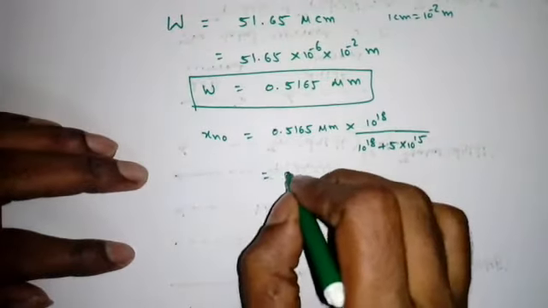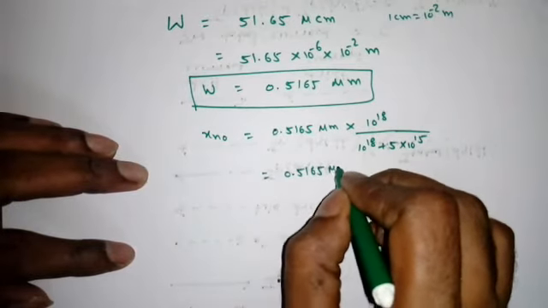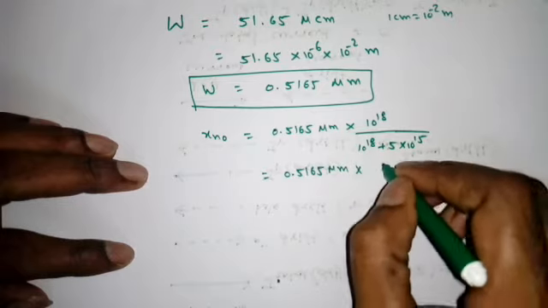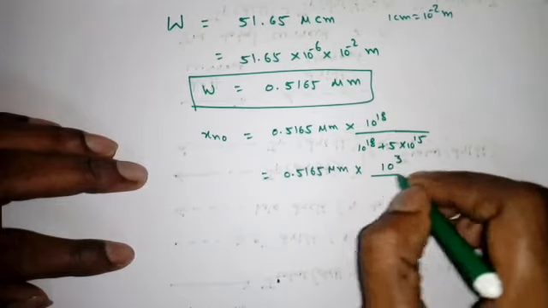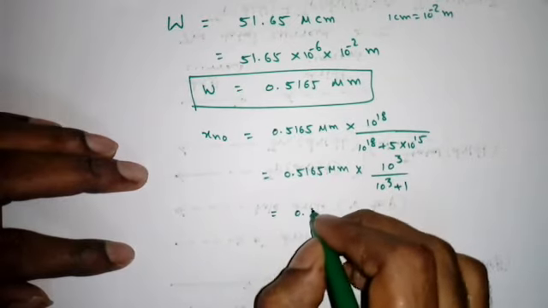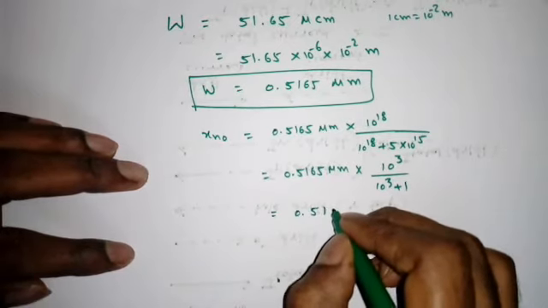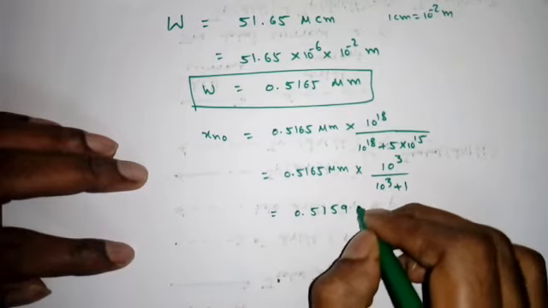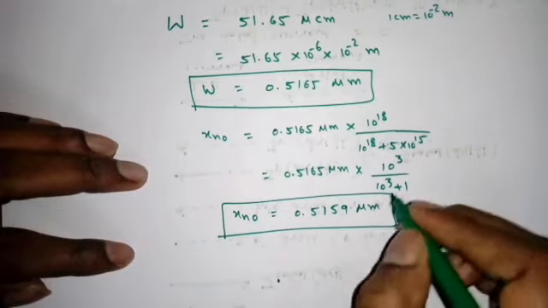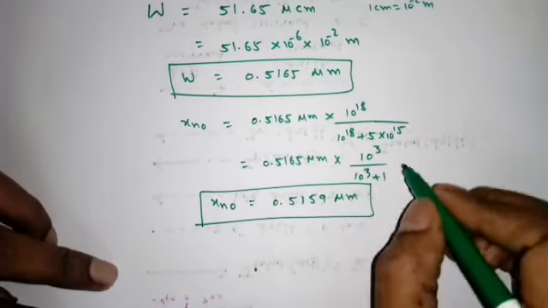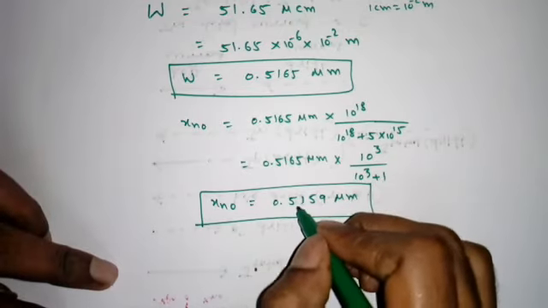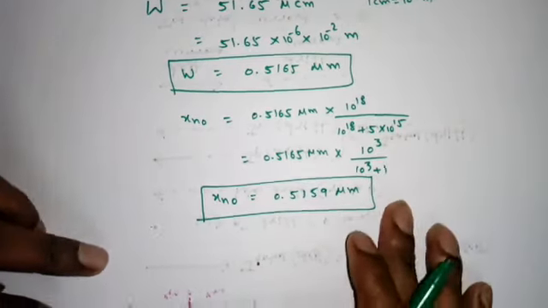So this will become 0.5165 micrometer into, if I take 10 to the power 15 common, this will be cancelled, so 10 cube by 10 cube plus 1, so this will come out as 0.51559 micrometer. This is the xn naught. So very small change will be there, because this is 1000 by 1000 not 1, right? So we'll get 0.5159 micrometer.